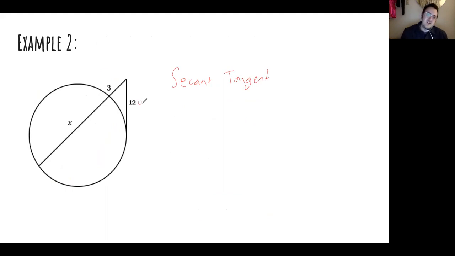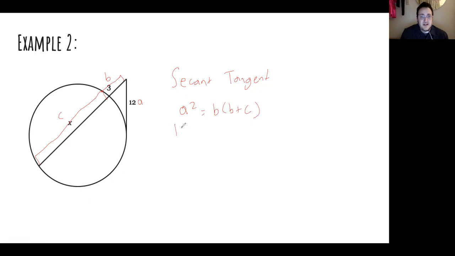And I'm going to label this A, and then I'll call this B and C. C is referring to the inside of the secant. B is referring to the outside of the secant. And the A is the tangent. So I'm going to write A squared equals B times B plus C.